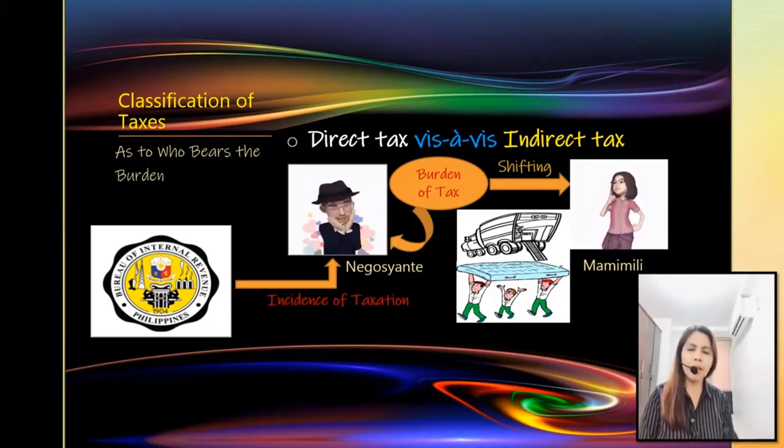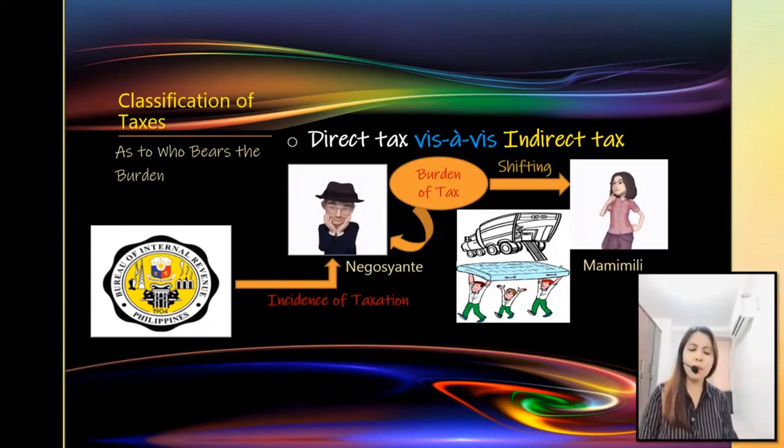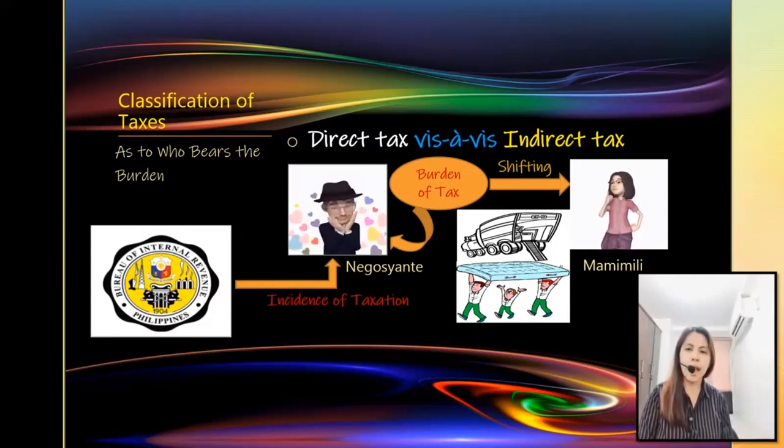If the burden of the tax can be shifted to customers, buyers, or clients, whether it be sale of goods, properties, or services, etc., then the tax is an indirect tax. Now, just remember the distinction.